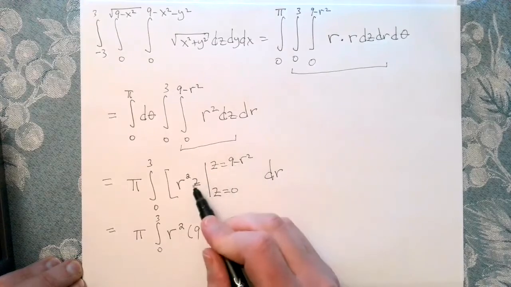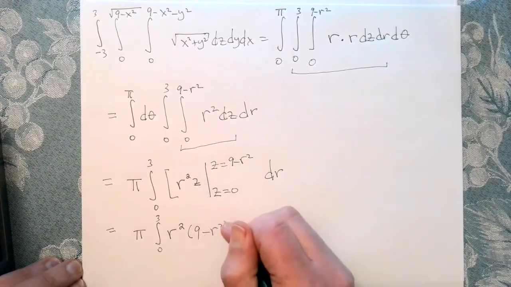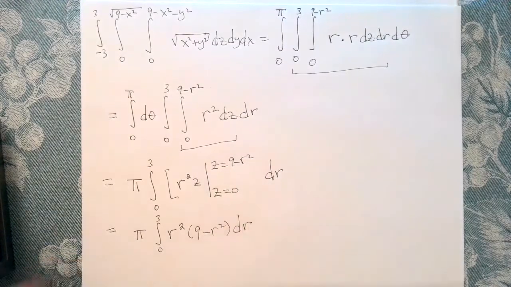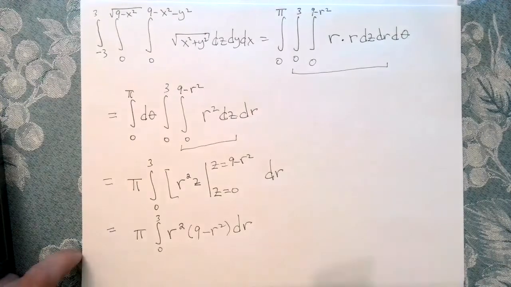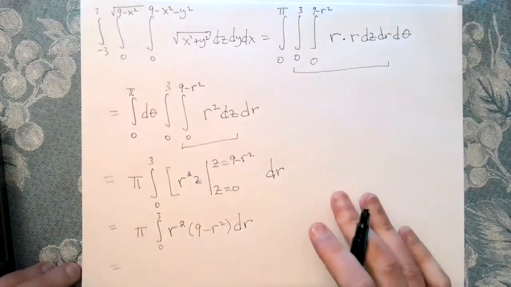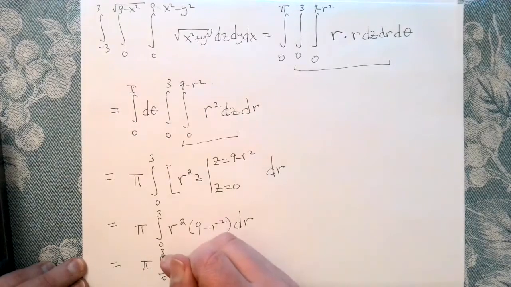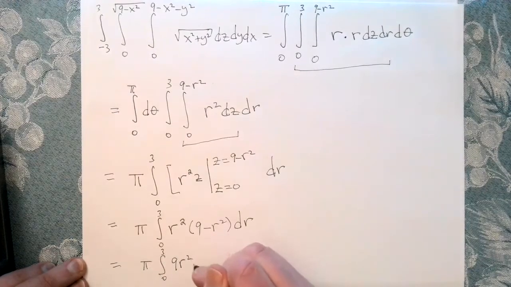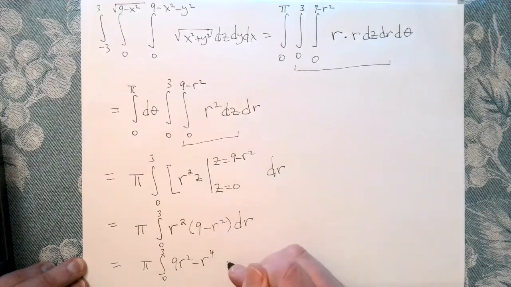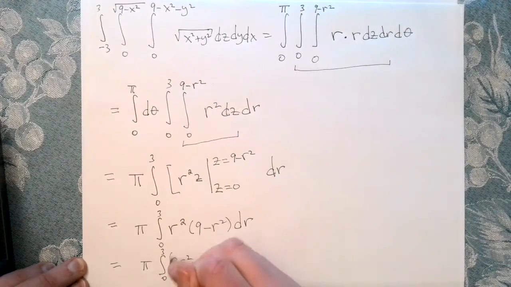Okay, so this goes in for z. That seems pretty nice. Let's go ahead and distribute the r squared. So I've got pi times the integral from 0 to 3 of 9r squared minus r to the 4th power, when we add exponents, dr.